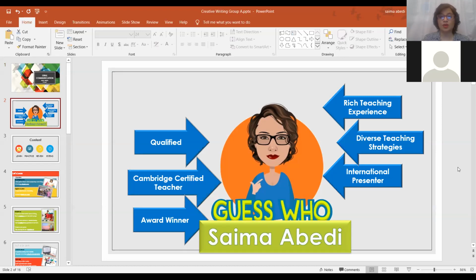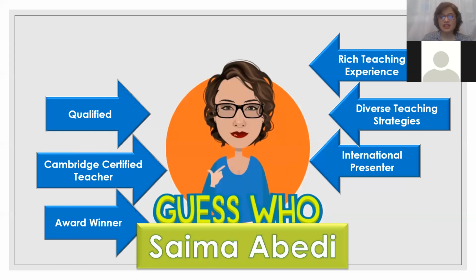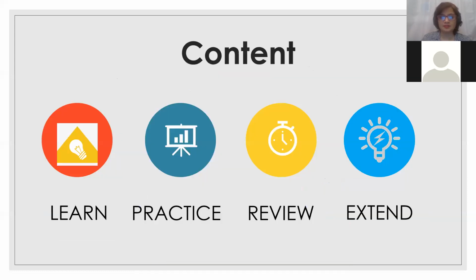Now let's see what is in the course. In each of the lessons designed here, you'll find four parts. The first part is the one in which you will learn. In the second part, you will practice whatever you have learned.